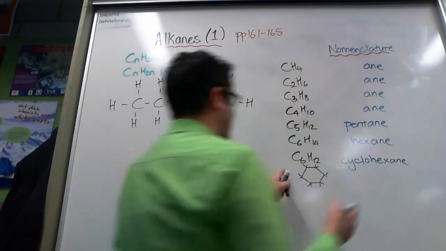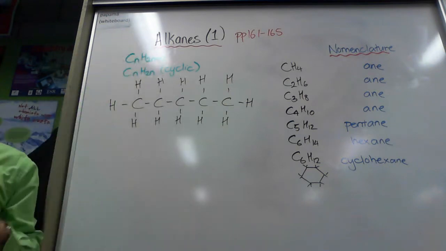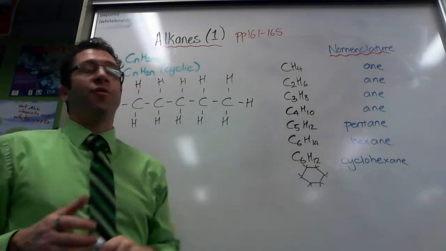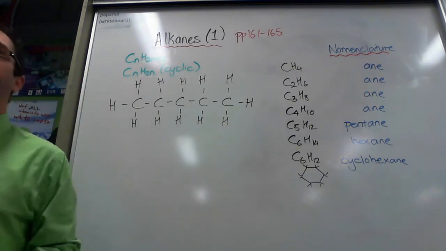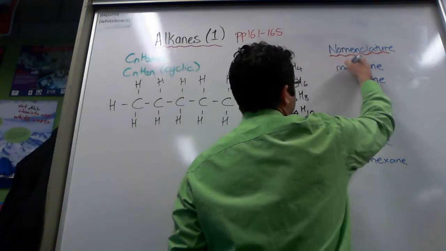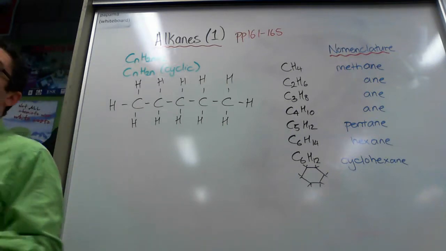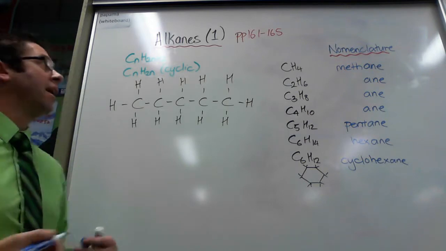And by the way, all the cyclics have got a slightly different general formula. You don't do the +2. Okay. Right, the first 4. These are a little bit harder. The first one is meth. All right, methane. Anything in organic chemistry which has got 1 carbon starts with meth.